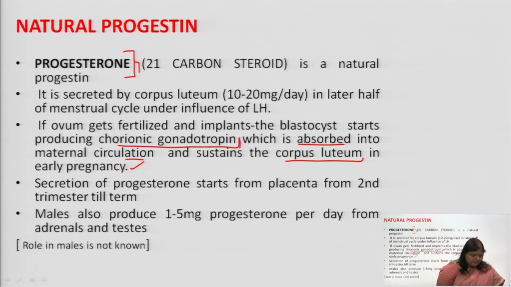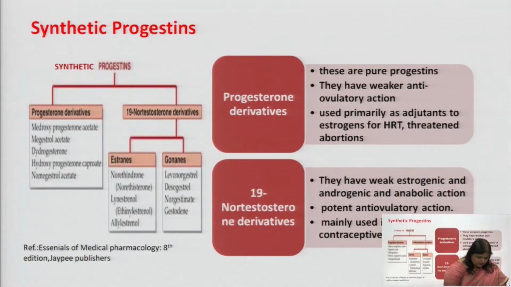A very small quantity of progesterone is also produced in males from the adrenal glands as well as the testes, but the role in males is still not known.